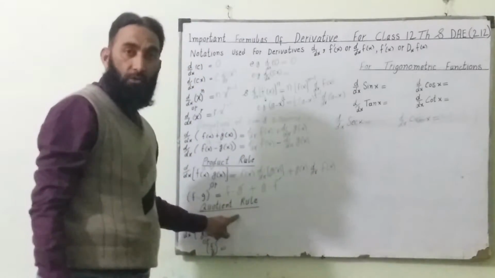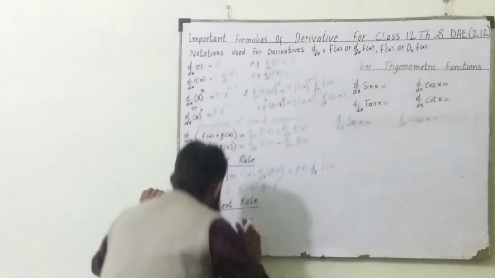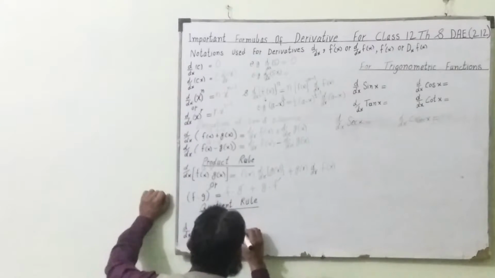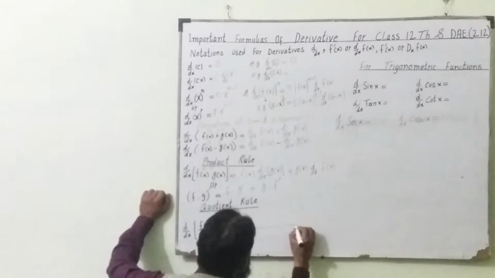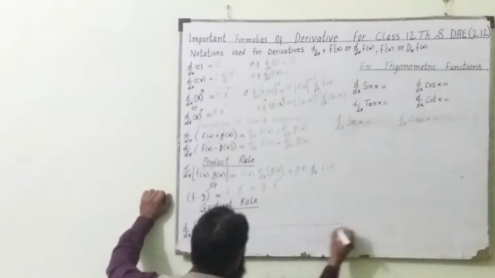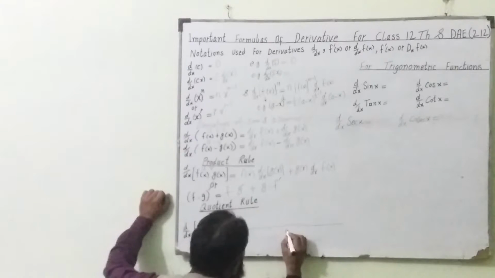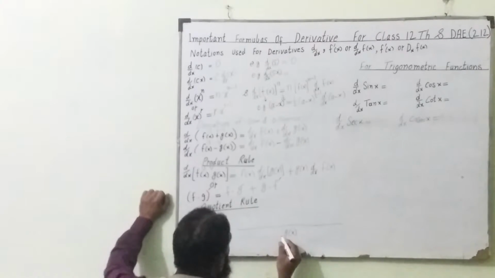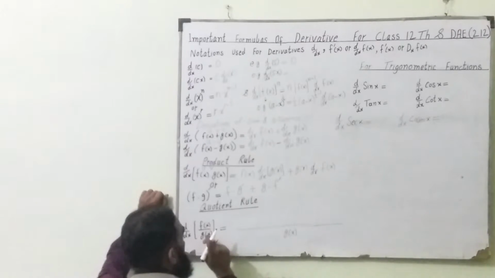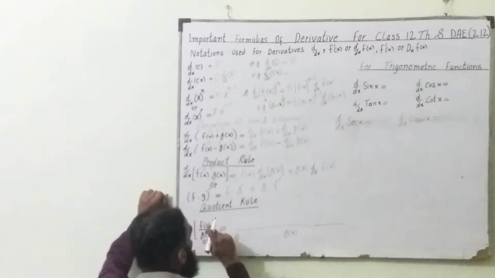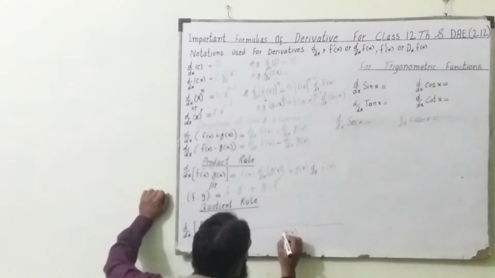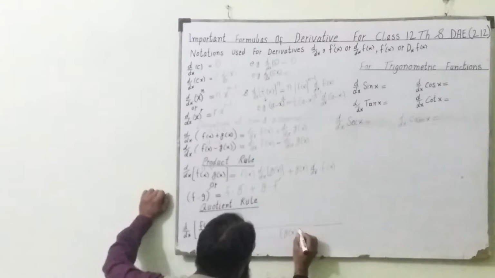For the quotient rule, students, I am writing. Here, just put one line. Take the square of this denominator. Here g of x is the denominator and f of x is the numerator. So take the square of this denominator.